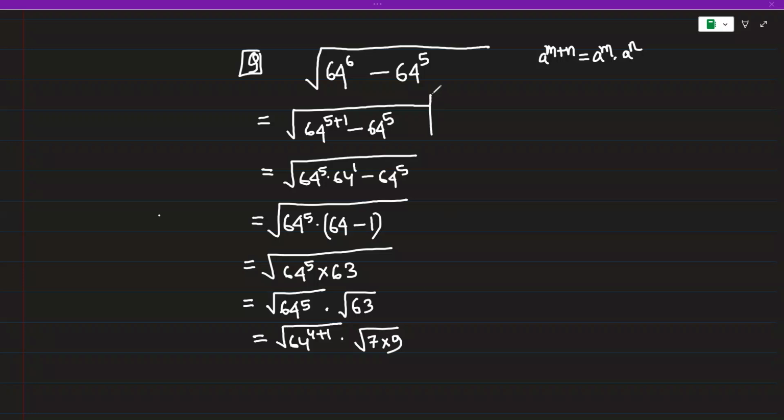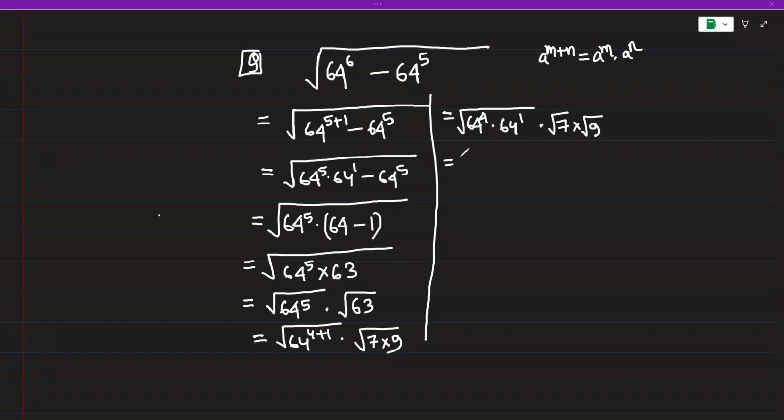After that, 64^(4+1), we can write as square root of 64^4 times 64^1, times square root of 7 times square root of 9.